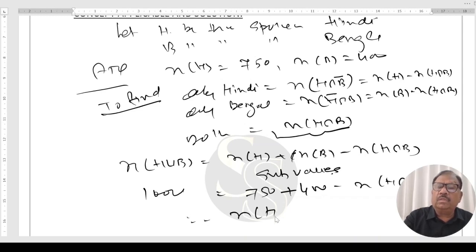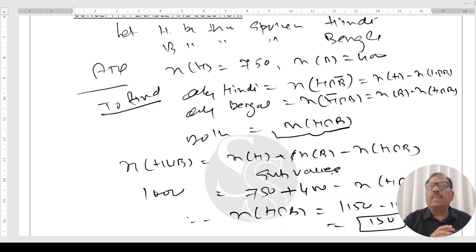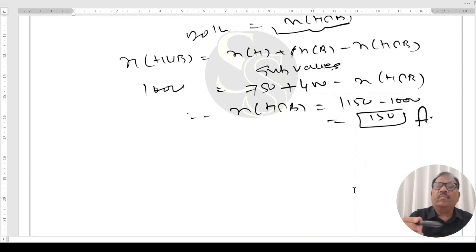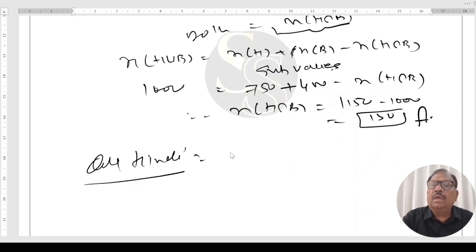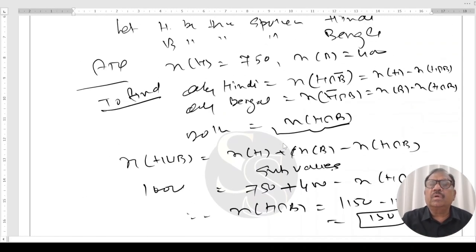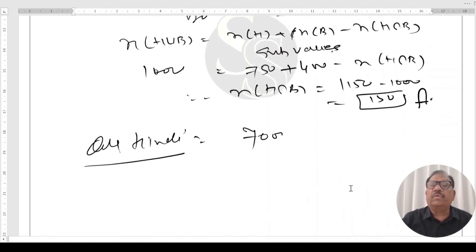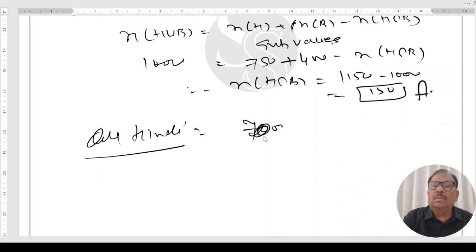Therefore, n(H intersection B) will be equal to 1150 minus 1000, that is 150. This is one of the answers. Only Hindi: n(H) is 750, minus 150, that is 600.